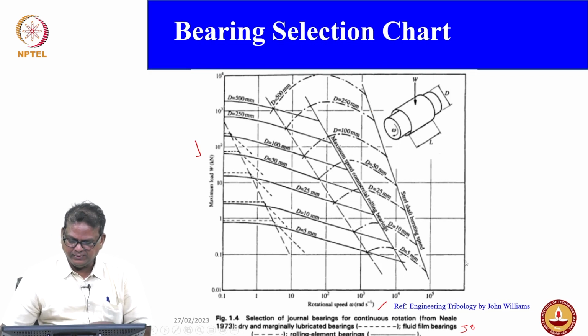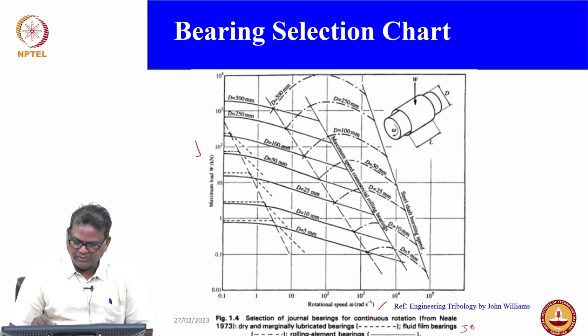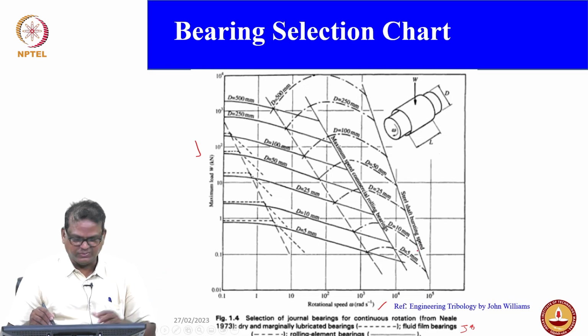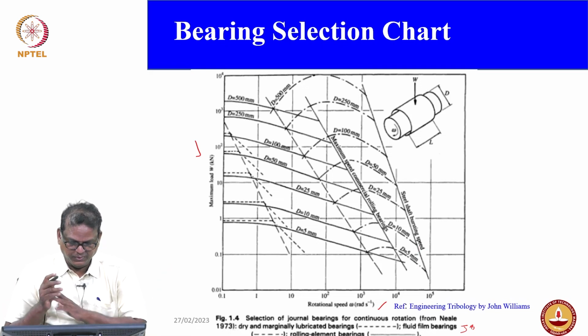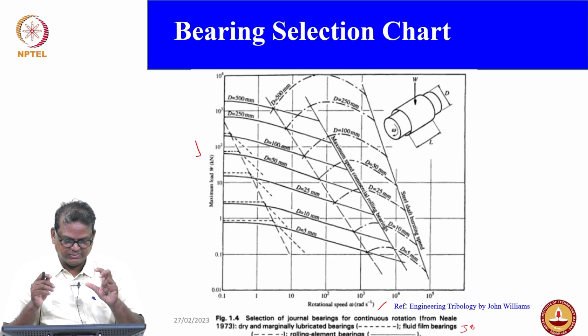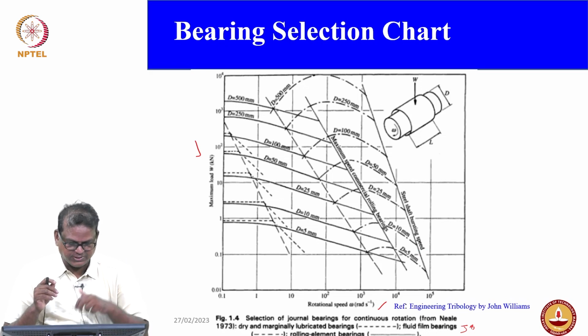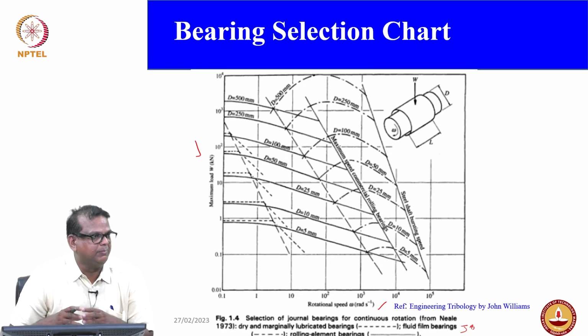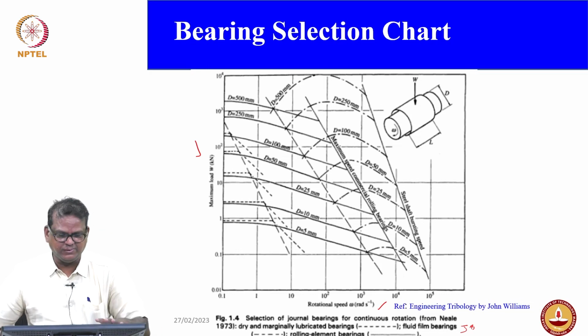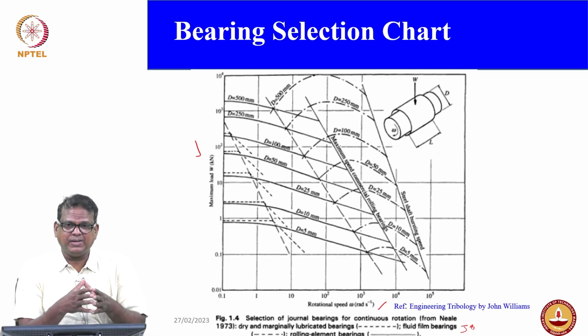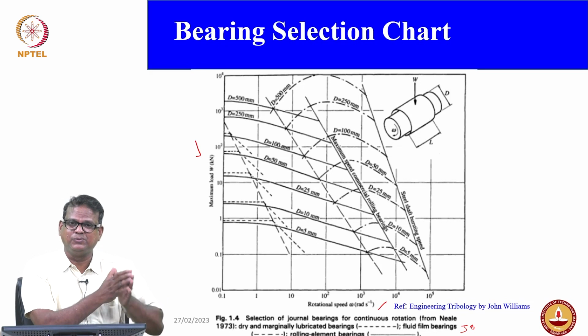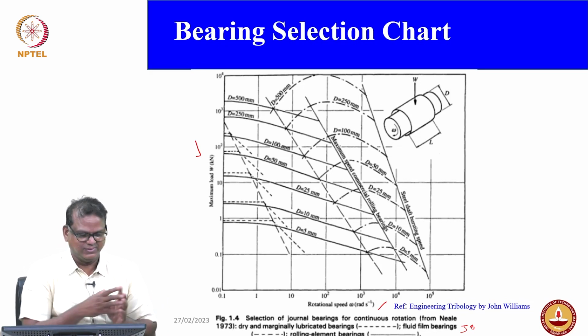Anything beyond a certain speed, where you will have a buckling or bursting effect, you cannot have it. So based on the load and the speed of operation, you select the type of bearing. That is general. But in our case, in a gearbox, we usually prefer rolling element bearings.